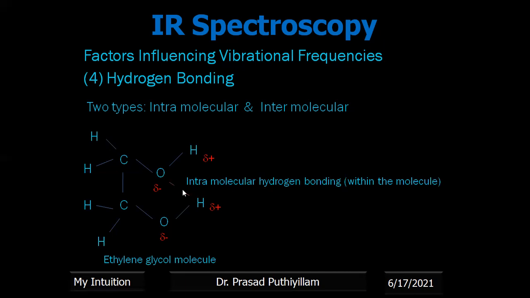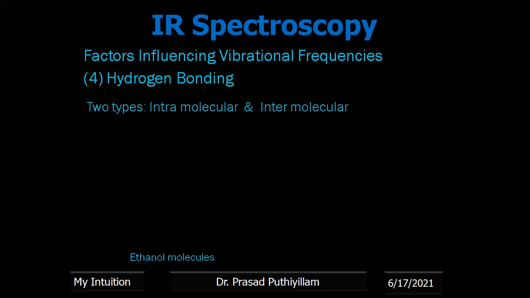If this type of attractive force exists between a more electronegative atom and an electropositive hydrogen, we call it hydrogen bonding. If it is within the molecule, it is intramolecular hydrogen bonding. Whereas if you take the ethanol molecule, the ethanol structure you already know, CH3, CH2, OH.